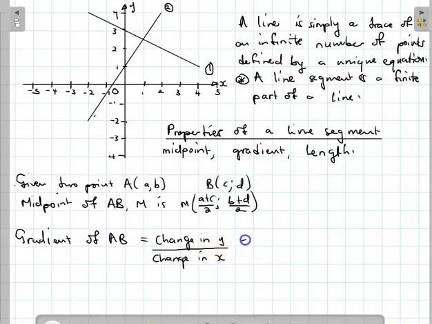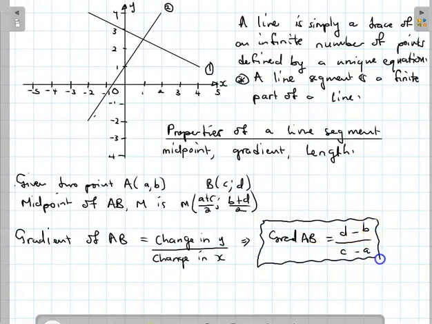So the gradient, I'll write it short, grad AB, is simply (d minus b) over (c minus a). Look here, you are subtracting the y's. That gives you the numerator, and then the x's give you the denominator. That's how you find the gradient. Now, you can also say (b minus d) over (a minus c).